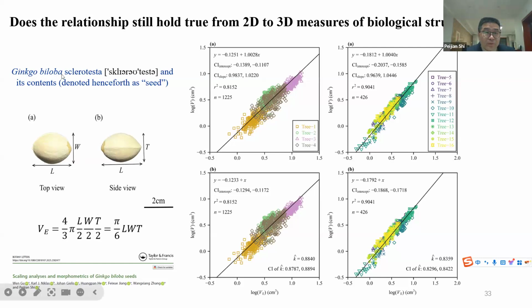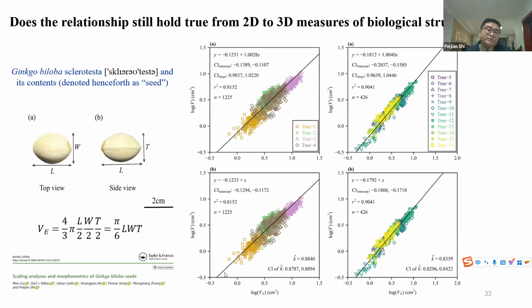We use the Ginkgo biloba seeds. We can simply call it a seed, although it doesn't mean a true seed. We measure every seed, its length, width, and thickness.